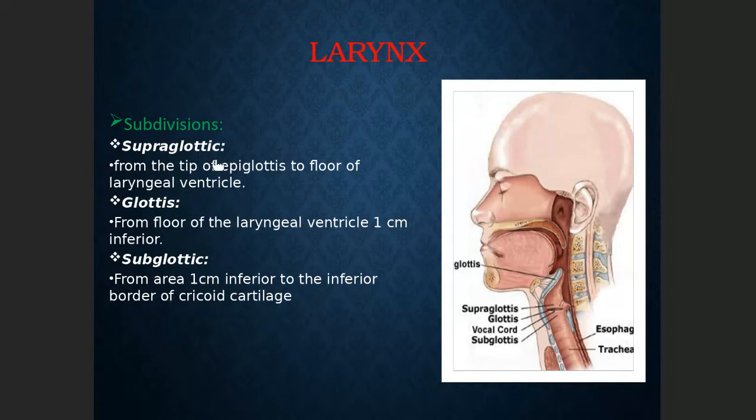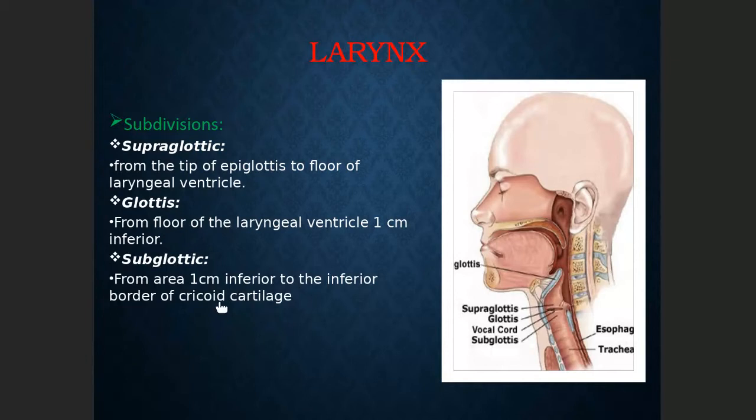The subdivision is supraglottic, glottic, and subglottic. So it's three divisions. Supraglottic is from the tip of the epiglottis to the floor of the laryngeal ventricle. I will show you in the picture. The glottic is from the floor of the laryngeal ventricle to 1 centimeter below the vocal fold; within that 1 centimeter you are still in the glottic area.